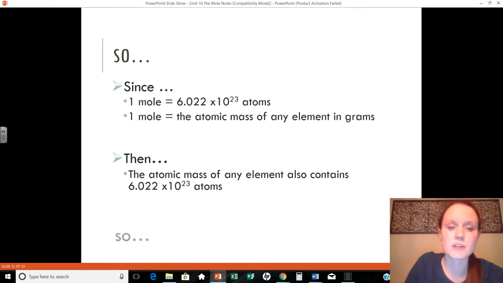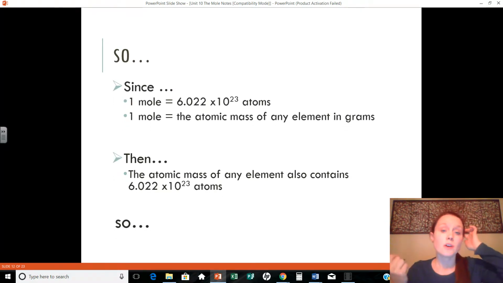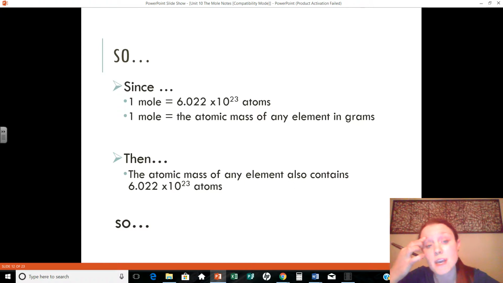All right, so what have we talked about so far? We now know that a mole is a counting unit, and in 1 mole of a substance, we have 6.022 times 10 to the 23rd atoms or compounds or molecules of that particular substance. We also know that molar mass is the mass of 1 mole of those atoms.